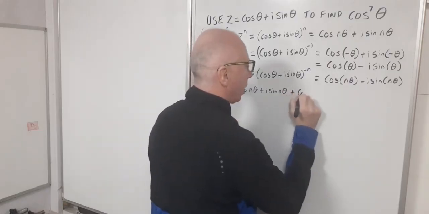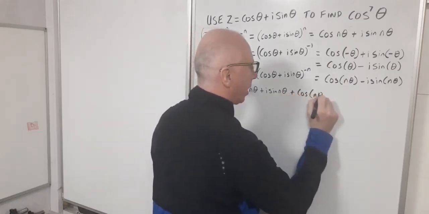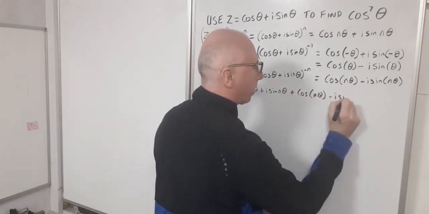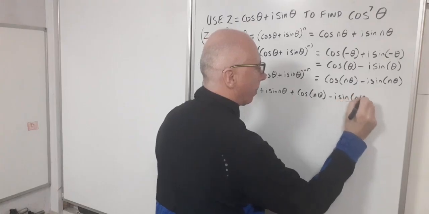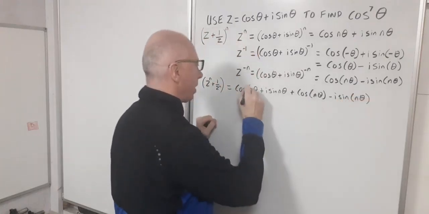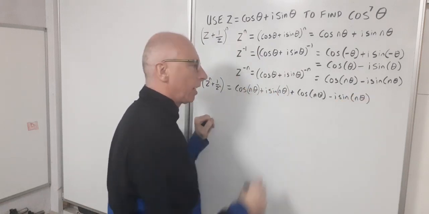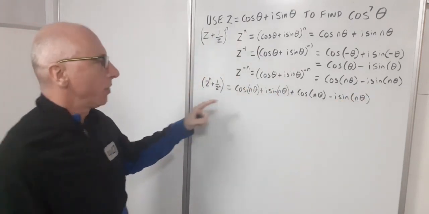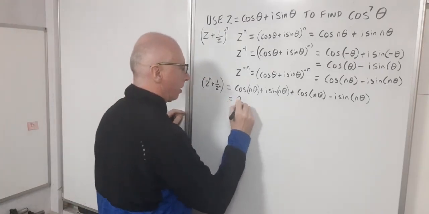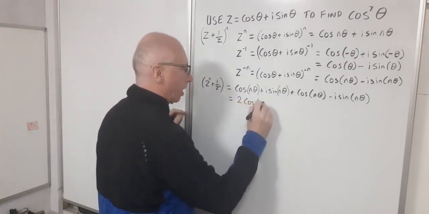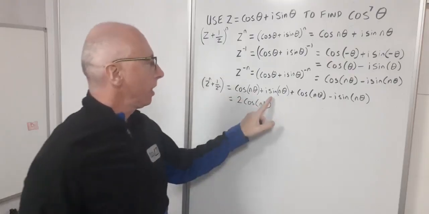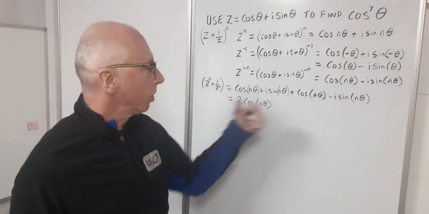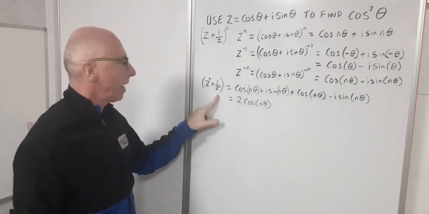So it's plus cosine of n theta minus i sine of n theta. I'll put brackets around these just so you can see clearly what we've got for our inputs. Now if we add them together, I'll have 2 cosine n theta, and these two will cancel out because one's positive, one's minus. So that's what I've got for that.